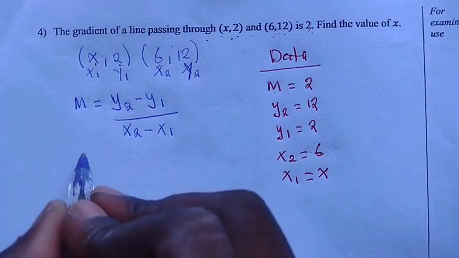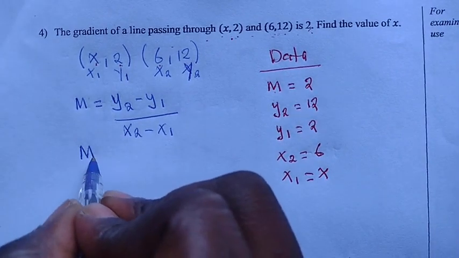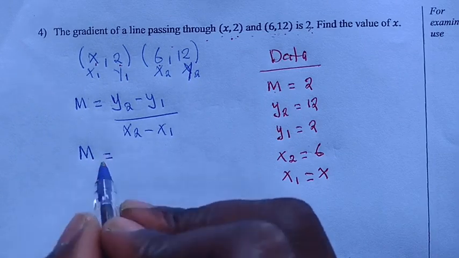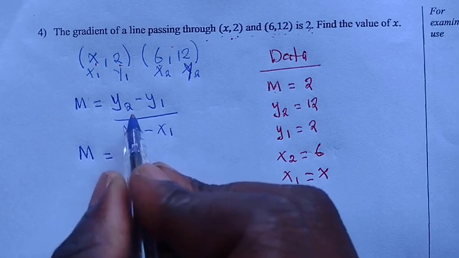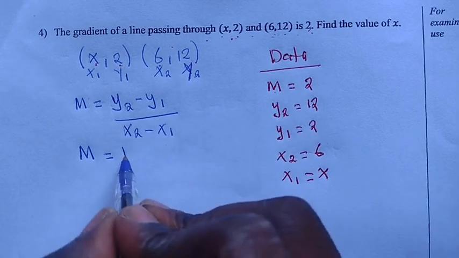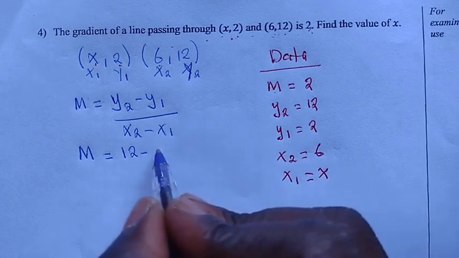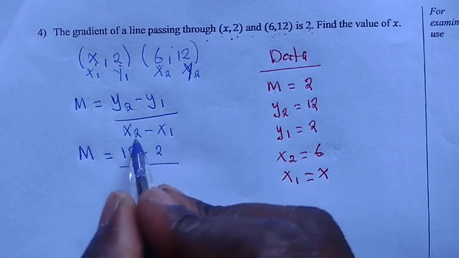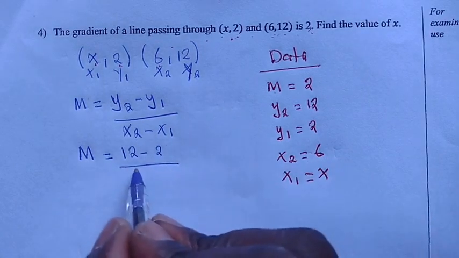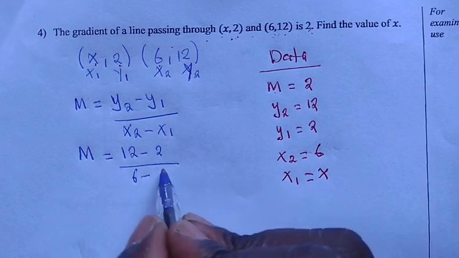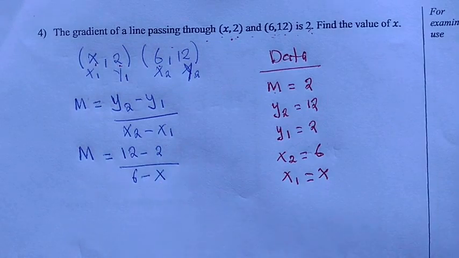So to substitute, we write m is equal to, so where there is y2, we are going to put a 12. 12 minus, where there is y1, we are going to put a 2, over, where there is x2, we are going to put a 6, minus, where there is x1, we put the value of x, because we don't have any value representing the x coordinate.